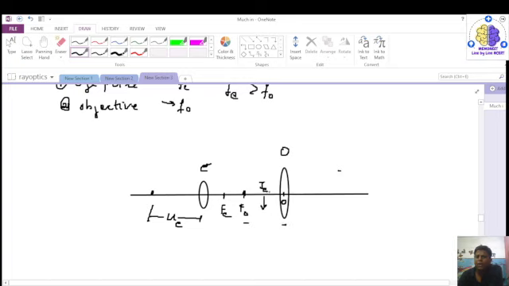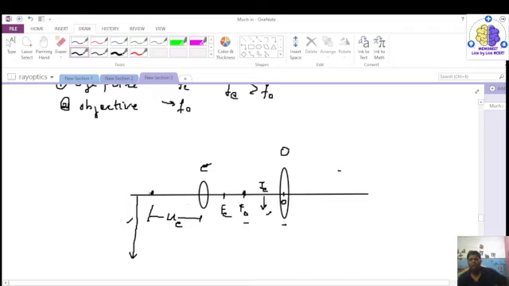This image will behave as a virtual object for the objective, and then the objective will form the image for this virtual object. And when the object lies between focus and optical center, the image formed is virtual, erect, and magnified. So the image formed will be somewhere here. It will act similarly to a magnifying glass. So this is how you get a magnified image in a compound microscope.